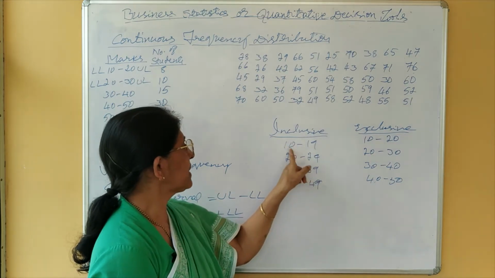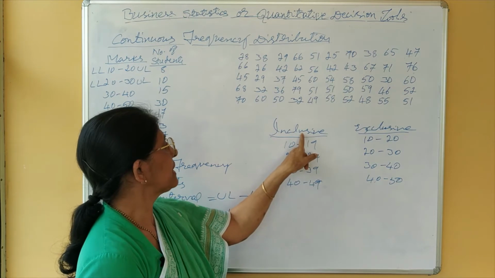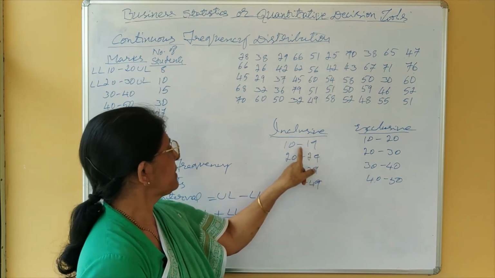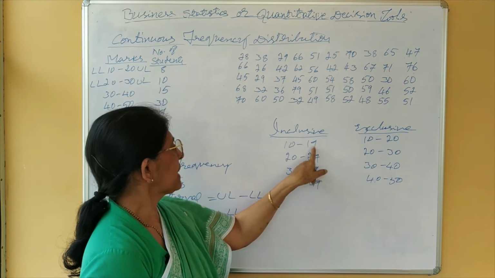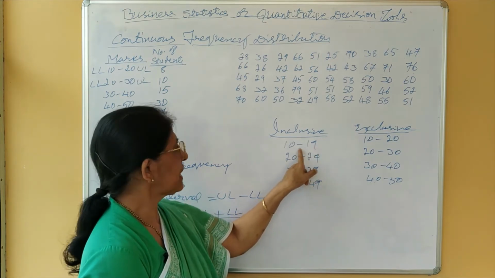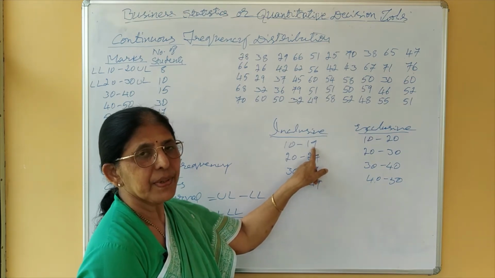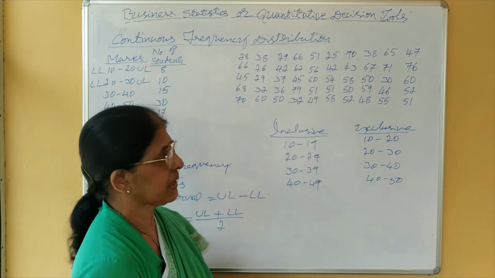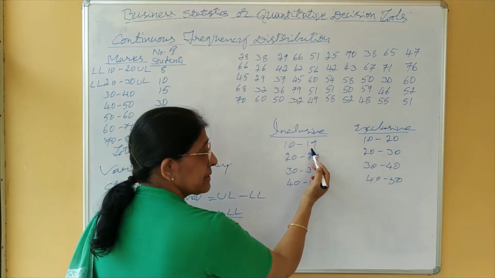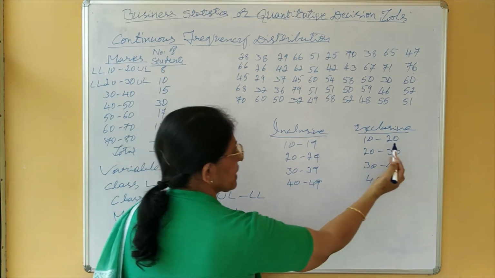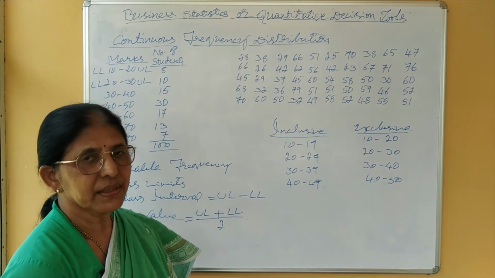Here both the limits are included in the same class, that's why we say it is inclusive method. If an item measures exactly 19, then it is included in the class 10 to 19 itself, because here upper limit is also included. Here upper limit is excluded, here upper limit is included, it is inclusive method. Upper limit is excluded, that is exclusive method.